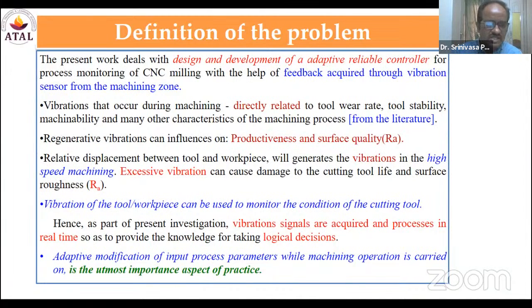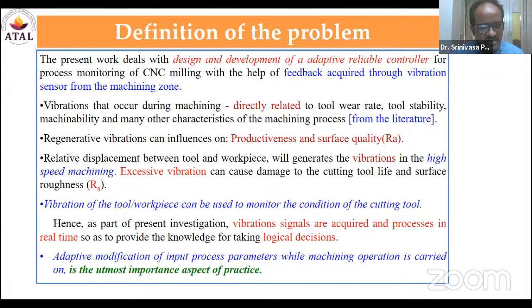That is why I'm suggesting that collection of the vibration data is not sufficient; you need to quantify the vibration signal in three ways. Once that is available, you can go for the mathematical modeling. Then you need to identify whether the collected vibration signals are within the limits or not.